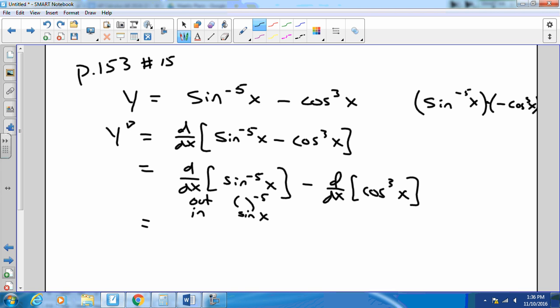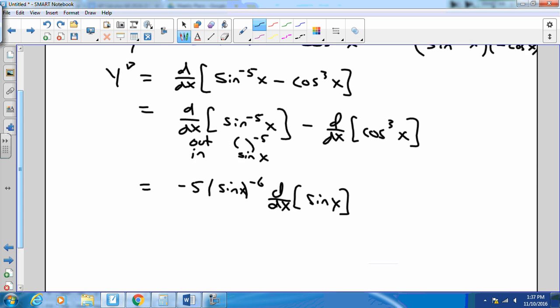Now you can keep on writing outside and inside as long as you need to so that it's helpful for you. Eventually you will get to the point where you can do it mentally. But I am going to insist, for now, until I give you permission otherwise, that when you actually execute the chain rule, you write the derivative of the outside like it is, and then write times ddx of the inside right there.